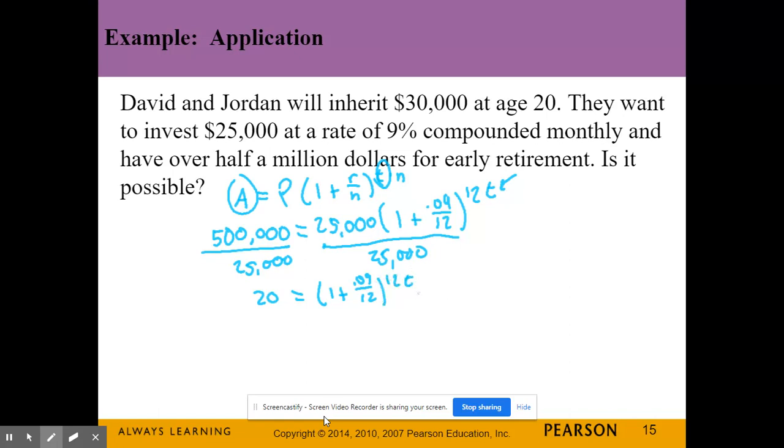So if we're trying to solve this exponential equation, think back to that flow chart, think back to the examples we've done. Is there any way you can turn 1 plus 0.09 over 12 into a number that would be 20? No, right? So we're going to do that second way, which is just take the natural log of both sides.